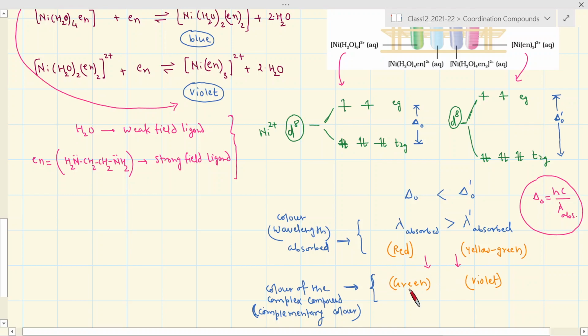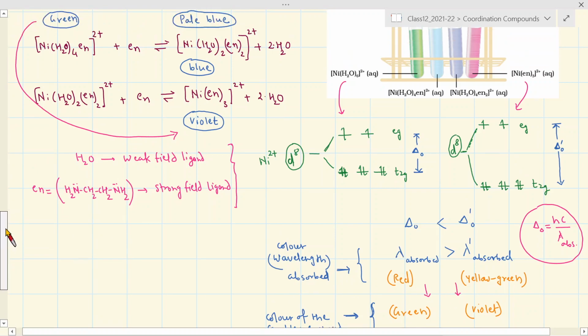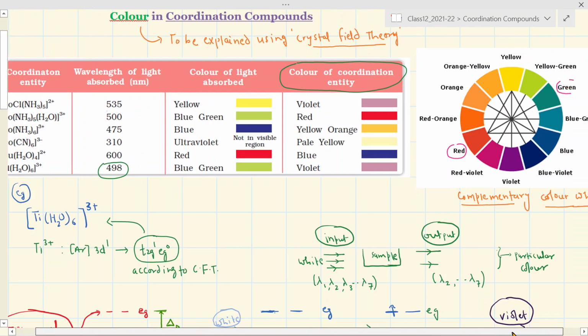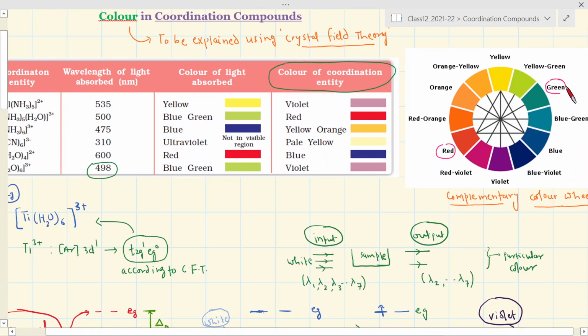This can be predicted from the complementary color wheel. If you look at the red color, the complementary color to it appears to be green. So if the red color is being absorbed here, the complementary color is somewhere around green. And that is what will be seen as the color of the complex compound solution.